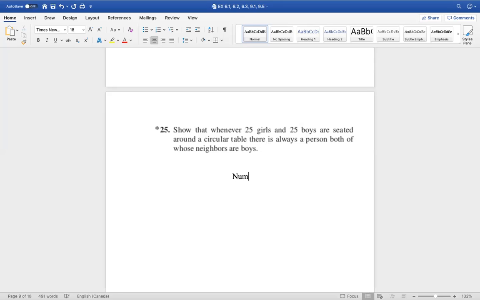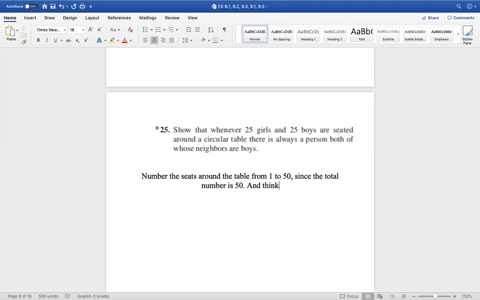What we will do is we basically number the seats around the table from 1 to 50, because there are 25 boys and 25 girls. So each chair will get a number between 1 to 50, since the total number is 50.